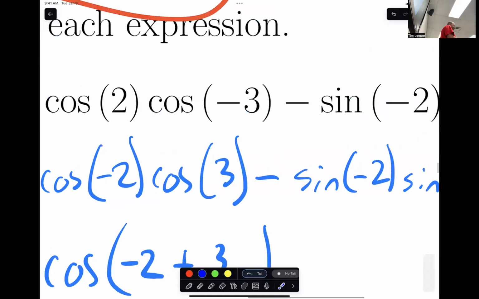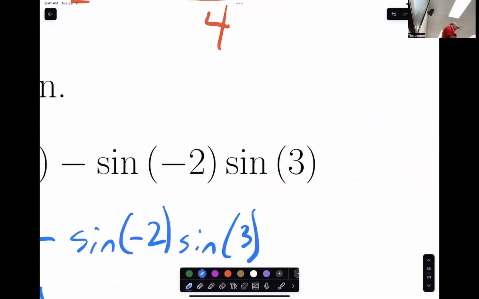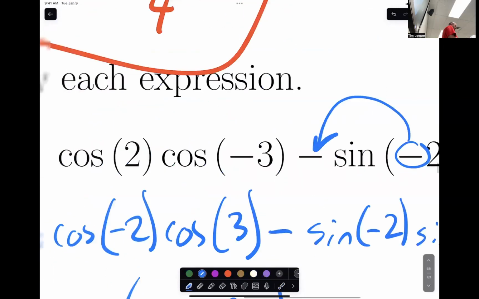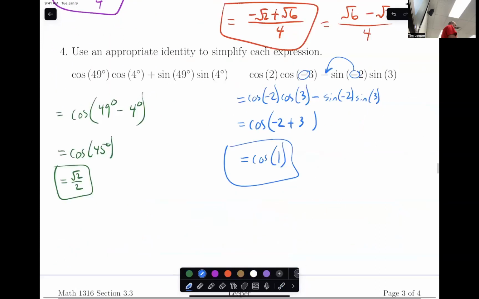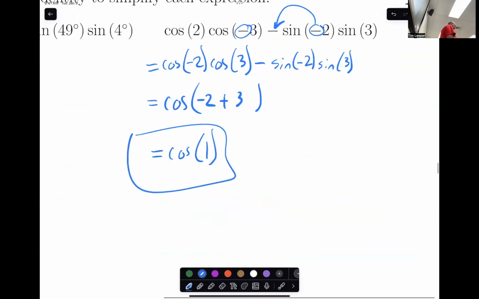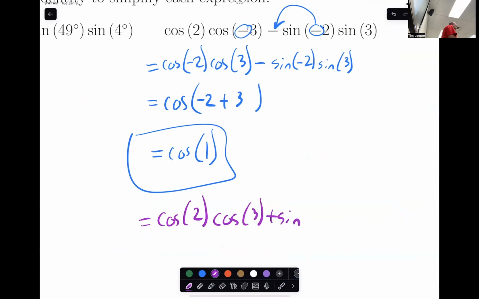I could have also come over here and said, let's take that negative here, move it outside, make that a plus, and over here just get rid of that negative. Everything would have been the same, right? So that would have been the cosine of 2 times the cosine of 3, plus the sine of 2, sine of 3.